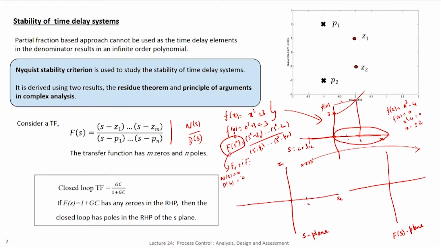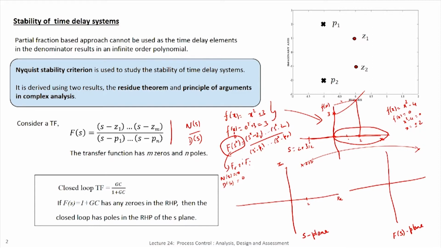The points at which n of s goes to 0 are called the zeros of the transfer function, and points at which d of s goes to 0 are called the poles of the transfer function. So, just like putting f of x equal to 0, if I put n of s equal to 0, then the solution would be that n of s goes to 0 at s equal to z1, z2, z3 all the way up to zm. So, there are m points at which n of s will go to 0.